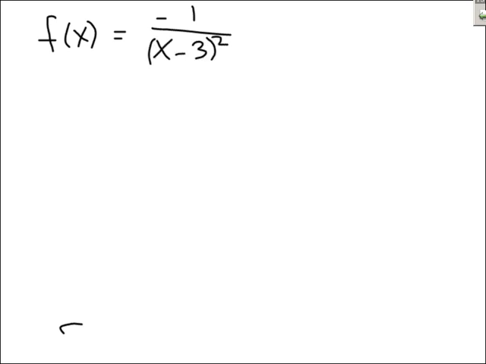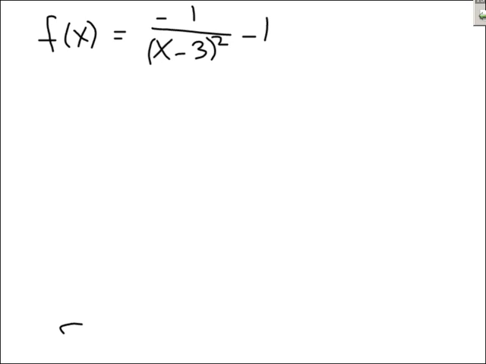Okay. Suppose you were asked to graph the following. You're asked to graph f of x is equal to negative 1 over x minus 3 squared minus 1.